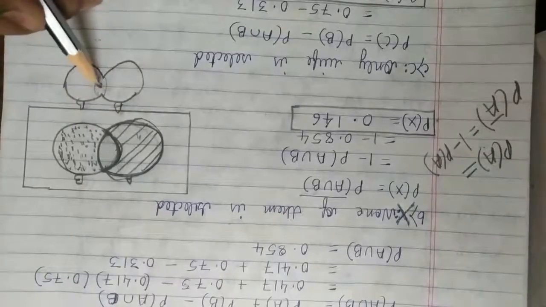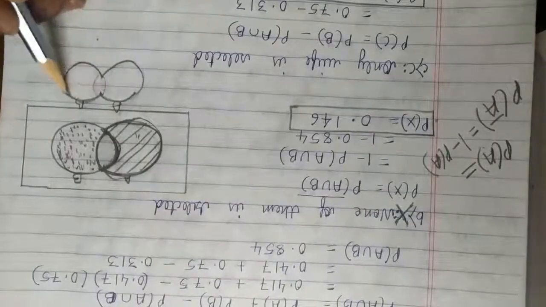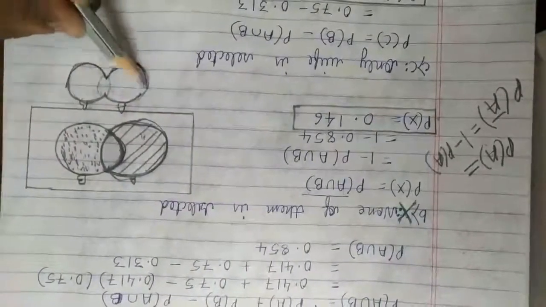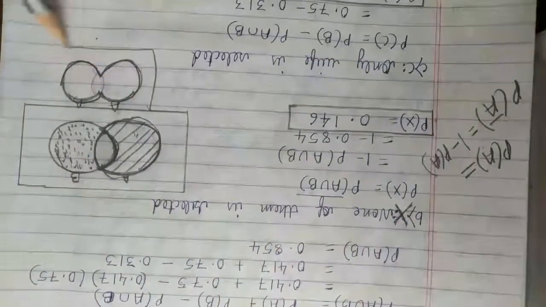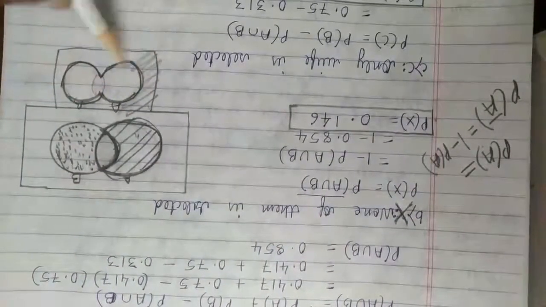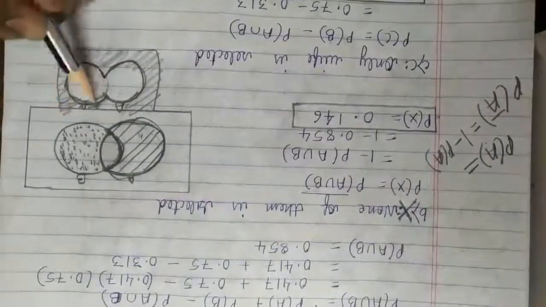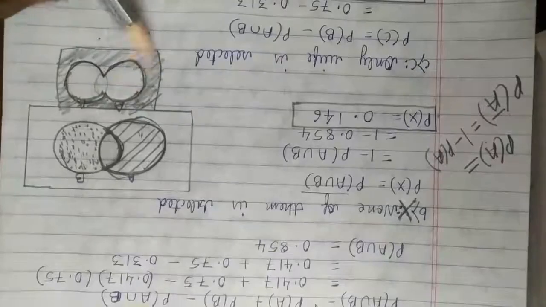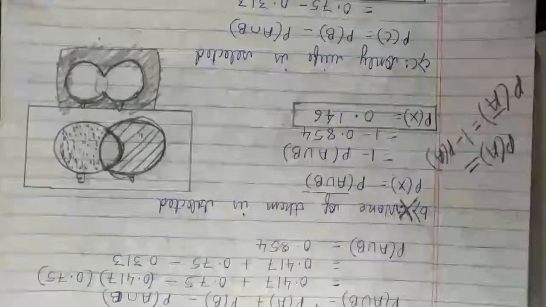So this includes this part, which means A or B, that is, the addition theorem will give you this part. Now the remaining part, apart from this shaded region which I am shading now, represents both are not selected, right? Neither A nor B. That is what I want to find.